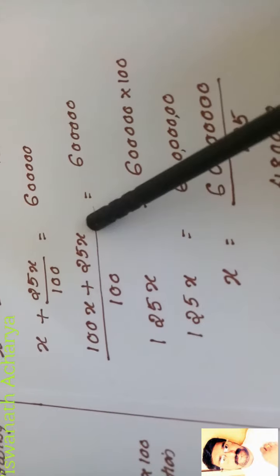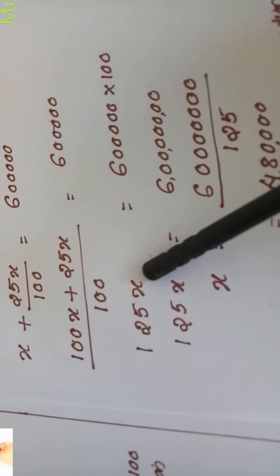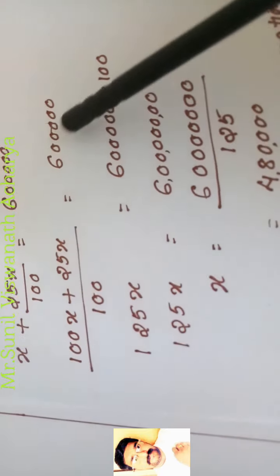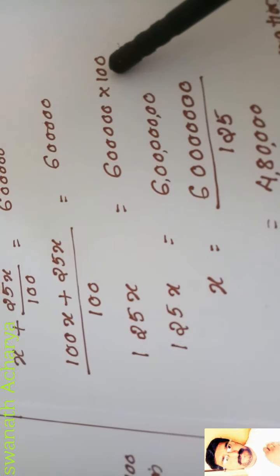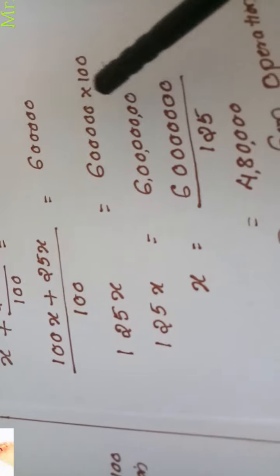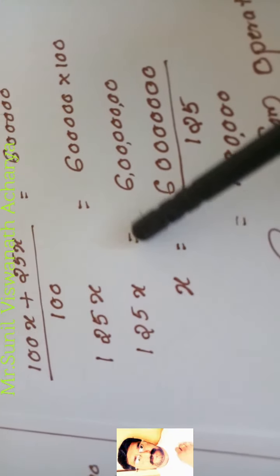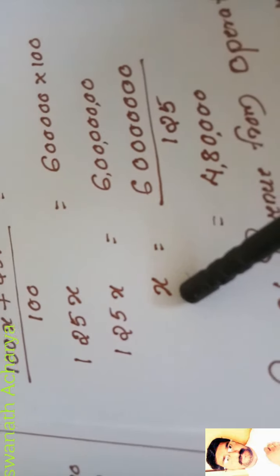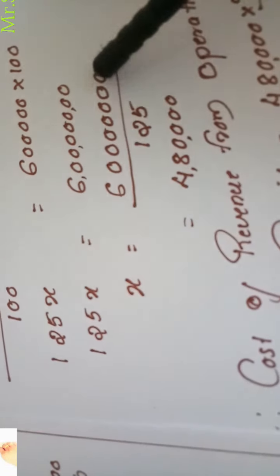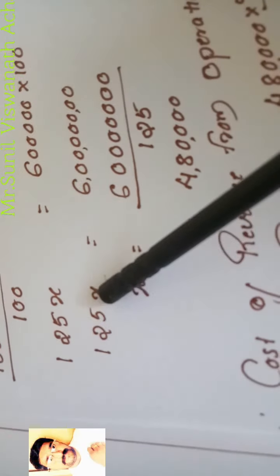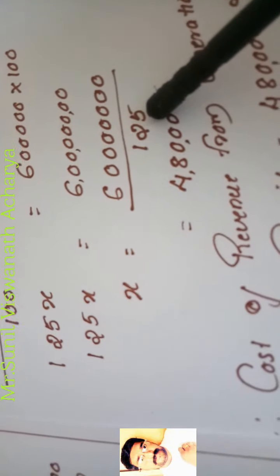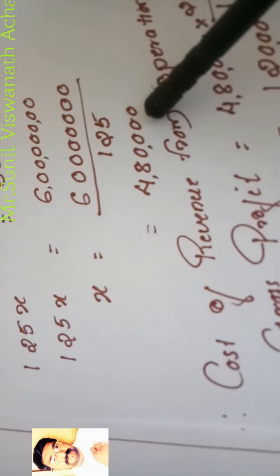Then 100x plus 25x is 125x, and this 100 on the opposite side we have to multiply, so 6 lakh into 100 becomes 6 crore. So 125x is equal to 6 crore. From this, x is 6 crore divided by 125, and we get the answer 4,80,000.